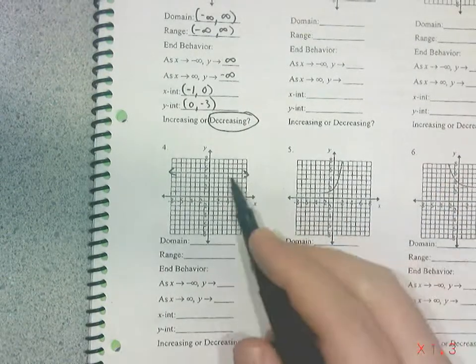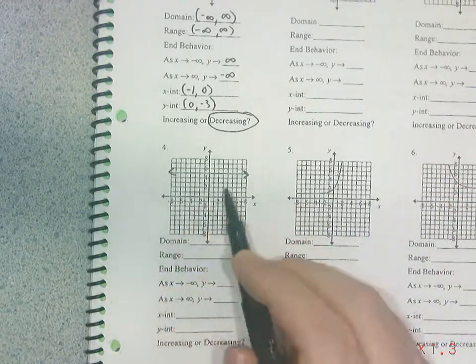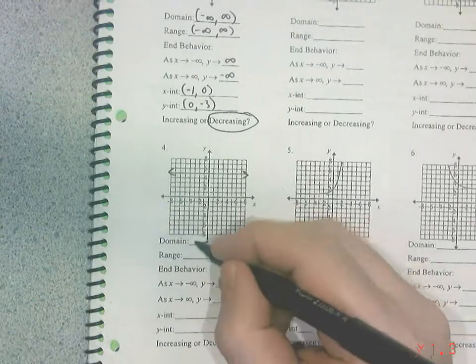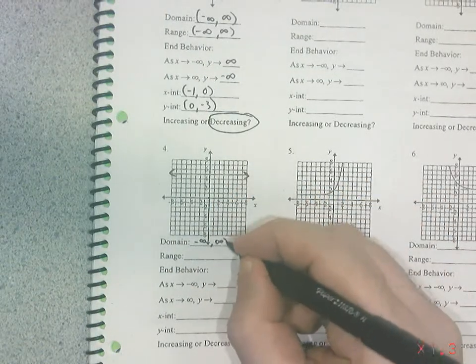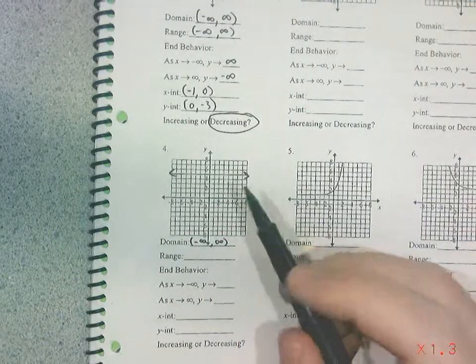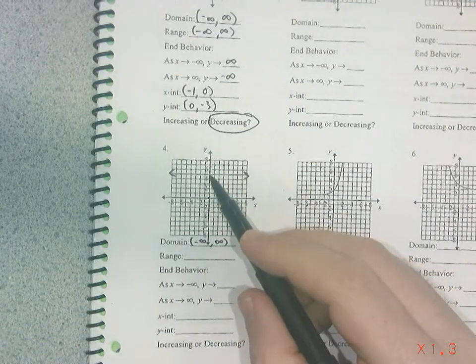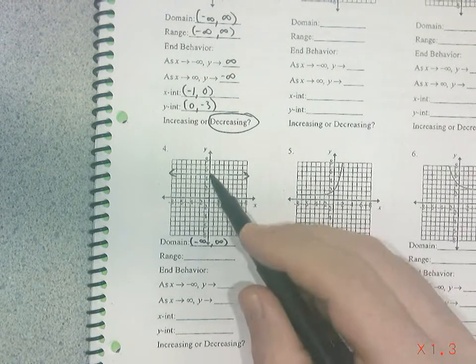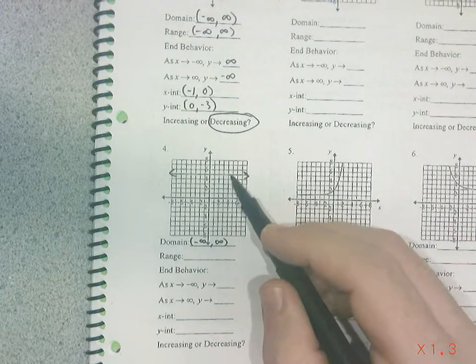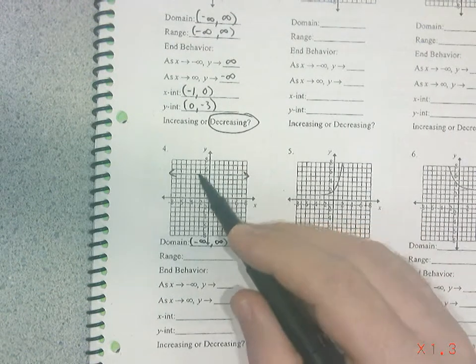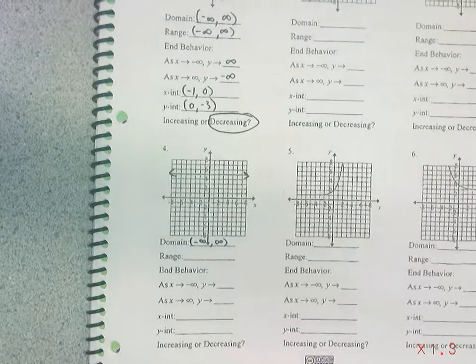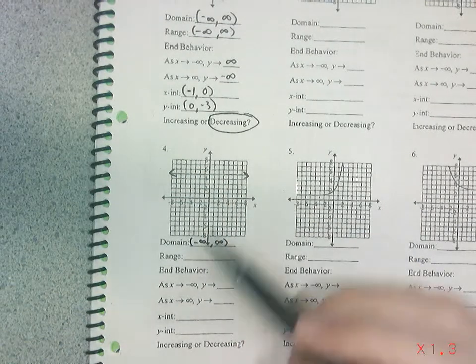So domain, if we go to the left forever, it's going to go to negative infinity, and if it's going to the right forever, it's going to go to positive infinity. So there's our domain. Range, though, it's a horizontal line, so it doesn't go down. It's at 5 right now, and our y value doesn't ever change if it's horizontal. Each point on this line is going to have 5 as the y value.